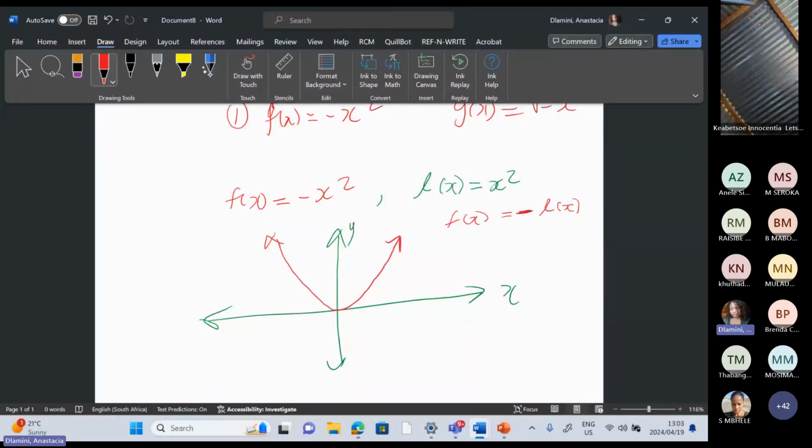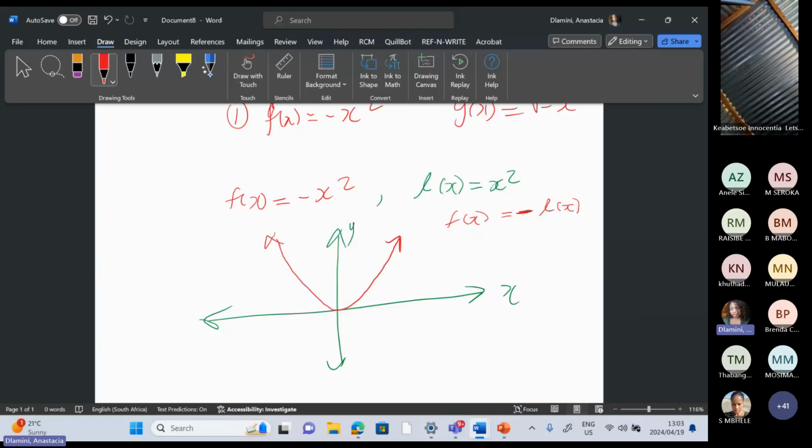There's a y-axis and the x-axis. Why are you saying y-axis? Someone has said y-axis. Why? Because x is our mirror. Yes.